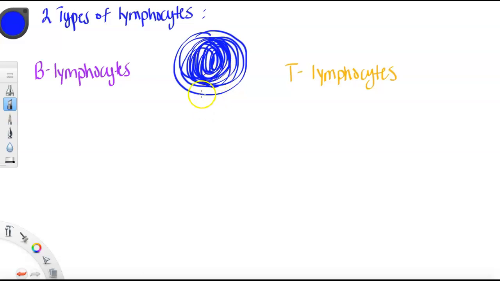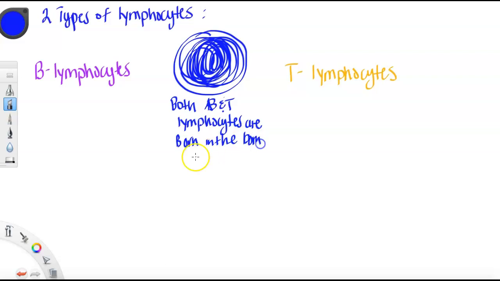And remember, all blood cells, so both B and T lymphocytes, are born in the bone marrow. Because all blood cells are born in the bone marrow.